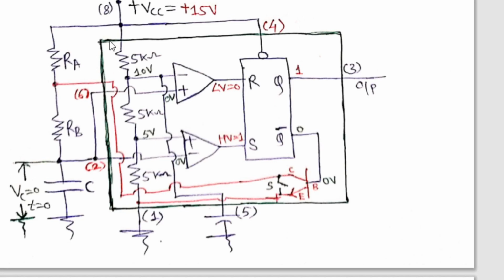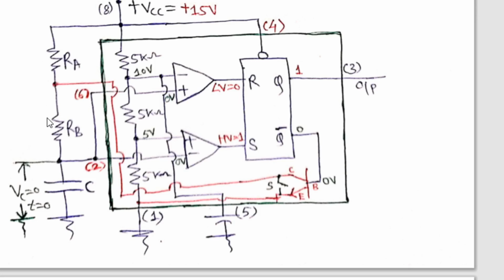If RA is small, say 1 kilo ohm, and RB is very large, say 100 kilo ohm, then the total resistance taking part in charging is RA 1 kilo ohm plus RB 100 kilo ohm. So the total is 101 kilo ohm. But during discharge, only RB takes part, and RB is 100 kilo ohm. Therefore, discharging is 100 kilo ohm and charging is 101 kilo ohm.